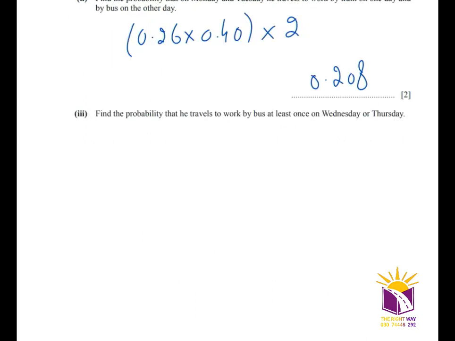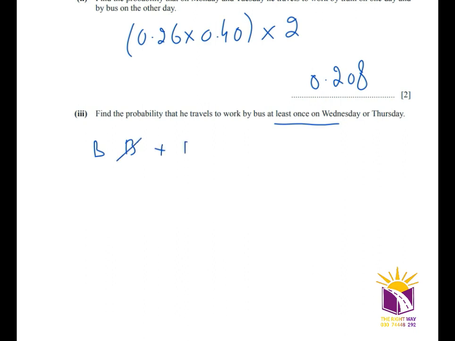Part 3. Find the probability that he traveled to work by bus at least once on Wednesday or Thursday. Now we have at least one on Wednesday or Thursday. Let's suppose he travels by bus on Wednesday and does not travel by bus on Thursday.